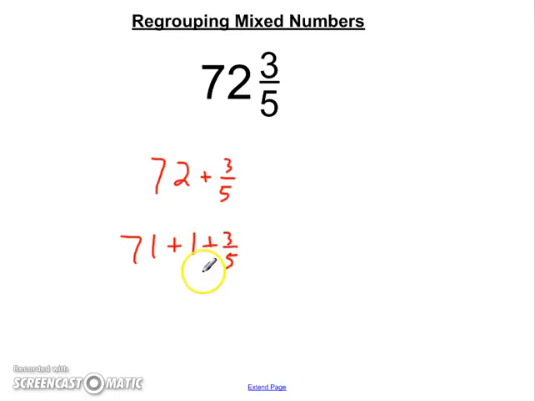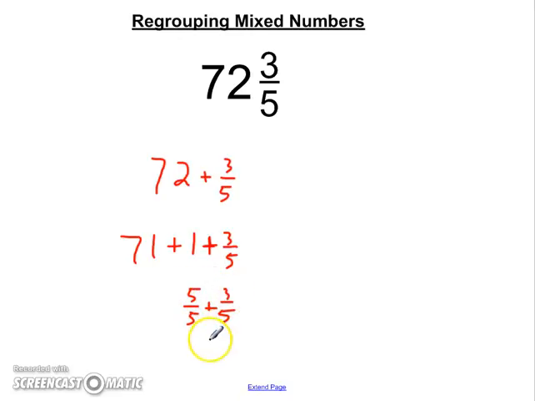Okay? So I've just taken 72 and I've broken it into 71 plus 1. I am borrowing a 1 from this so that I can put these together. Well, 1 can be written as 5/5. Okay?